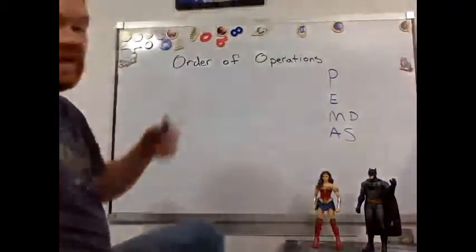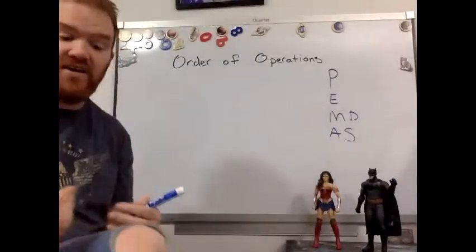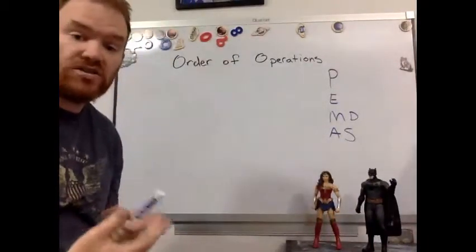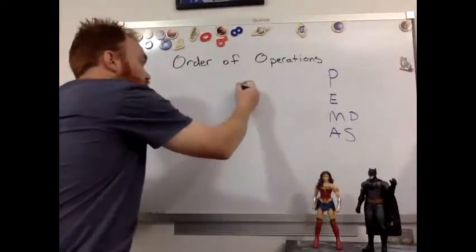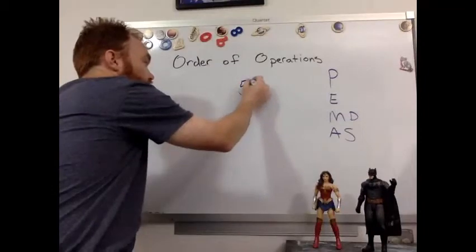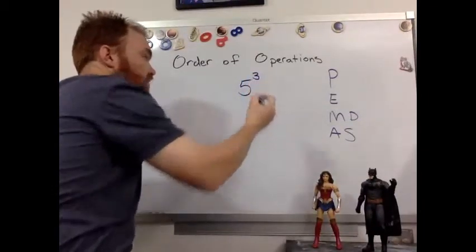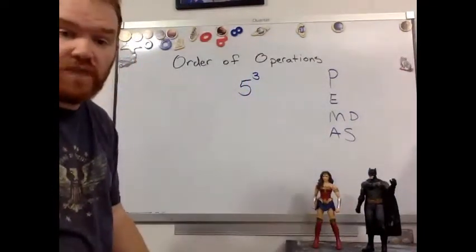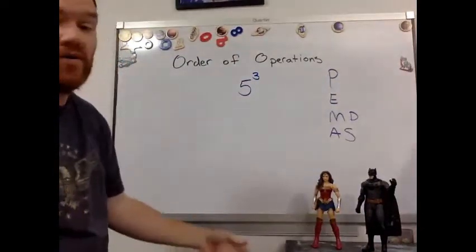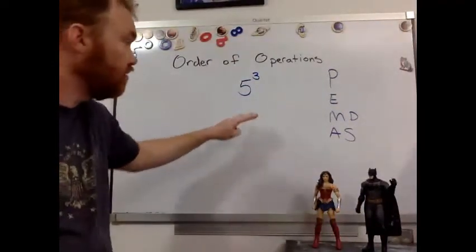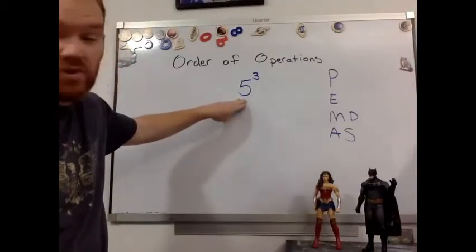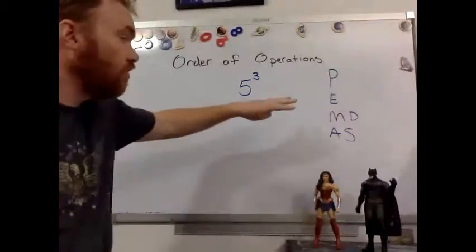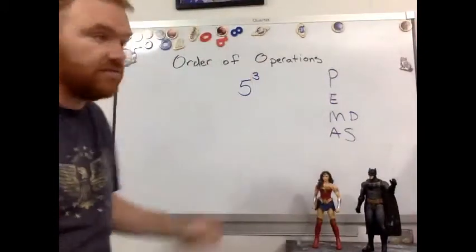The next one is exponents. Any value that has an exponent to it is going to be our second thing to do. Something like 5 to the third power. If we see 5 to the third power in our expression, we need to make sure we evaluate that before we do any multiplying, dividing, adding, or subtracting.